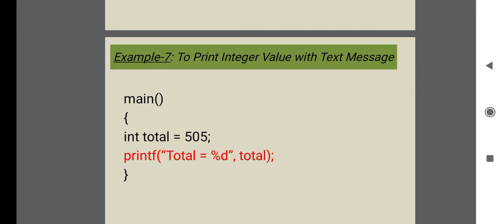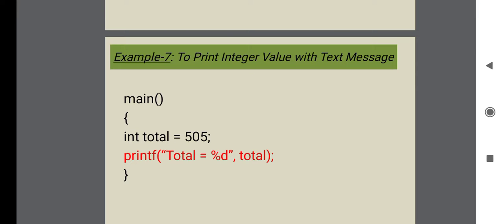Another point we have to keep in mind is that whatever you have written within double quotes will print on the monitor, except format specifiers and escape sequences. What you have written here within double quotes is total is equals to %d. T is not a format specifier or escape sequence, so T will print on the monitor. O is also not a format specifier or escape sequence, so O will print.